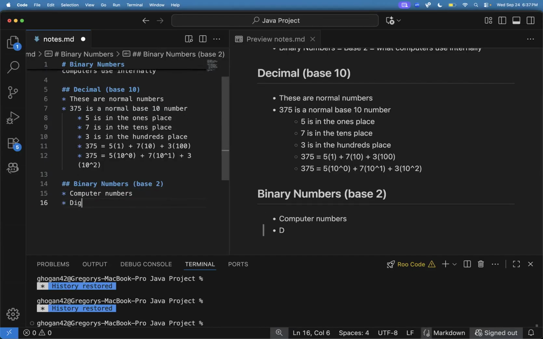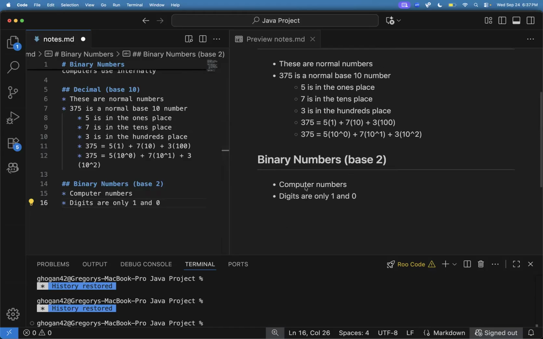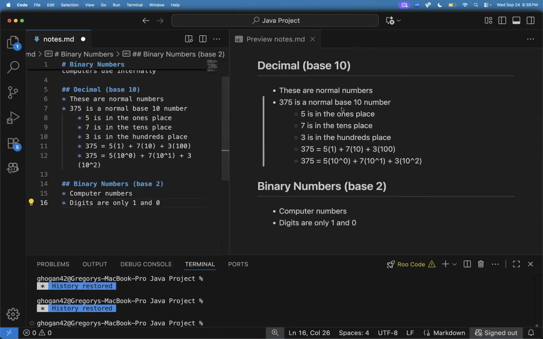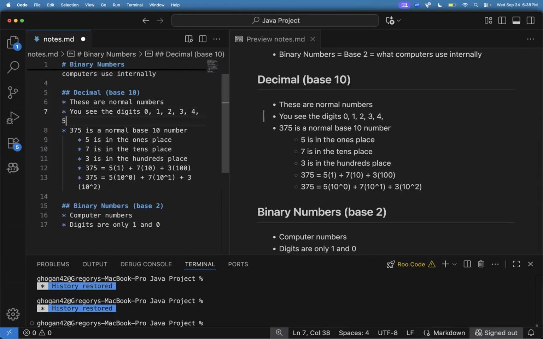The digits are only going to be 1 and 0. Those are the only digits that you'll see in a binary number. Now, I didn't say it up here for decimal numbers, but decimal numbers are base 10. And so you see the digits 0, 1, 2, 3, 4, 5, 6, 7, 8, 9 in base 10.